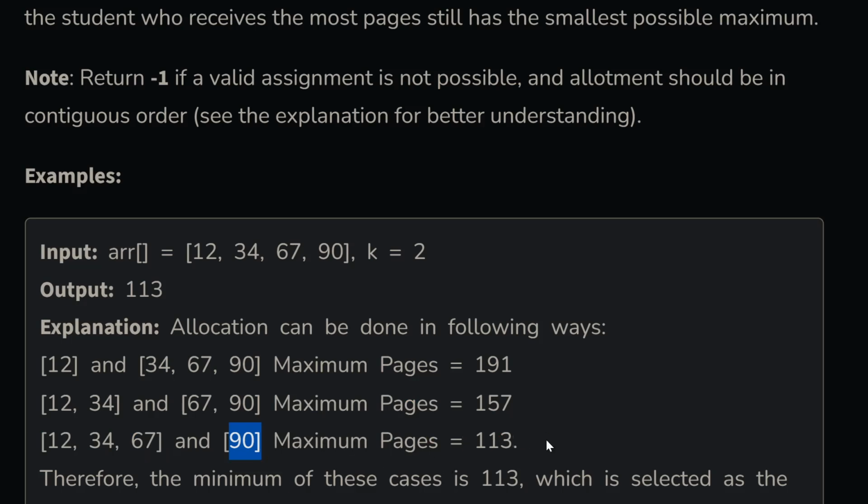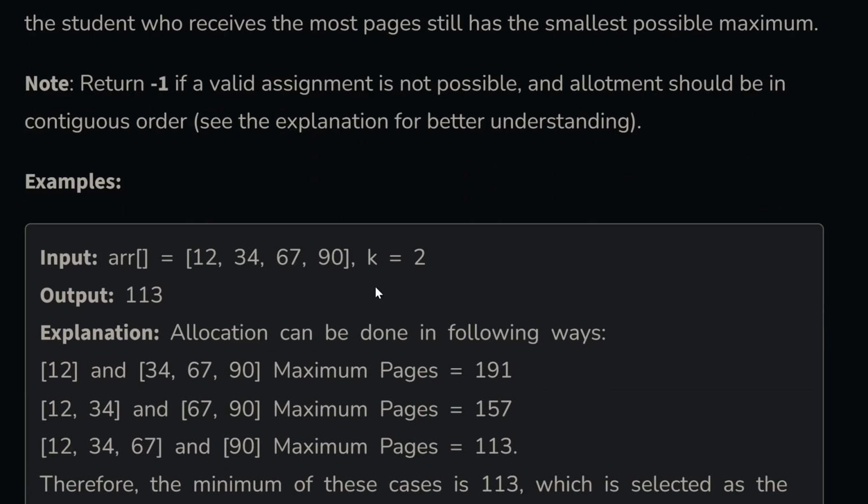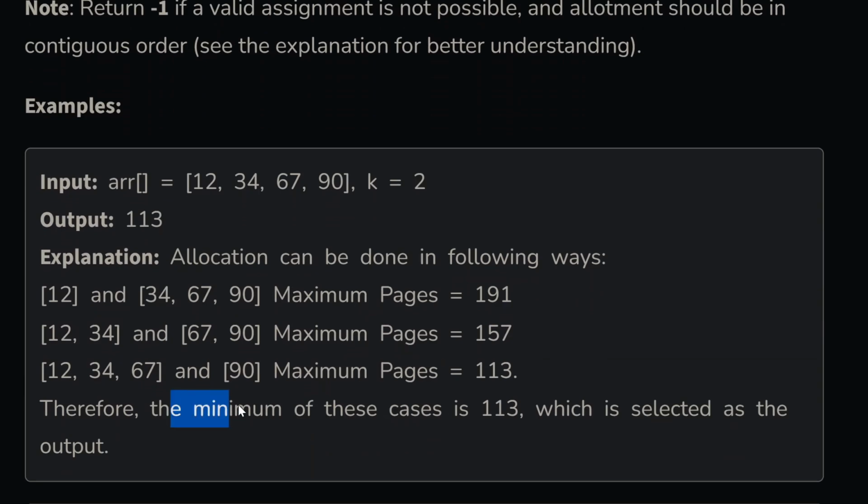So the maximum we got is 131. So we got three different allocations, and between these three allocations we need to find the minimum. So the minimum of these cases is 113, which is selected as the output. So this is the answer.